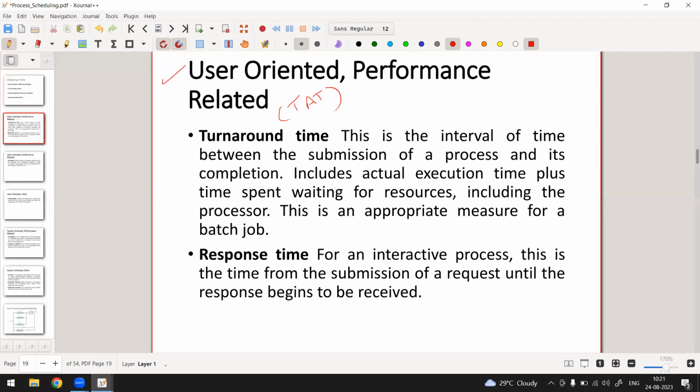As you change your scheduling policy, your parameters will be affected, and that we will see when we look at the individual scheduling policies.